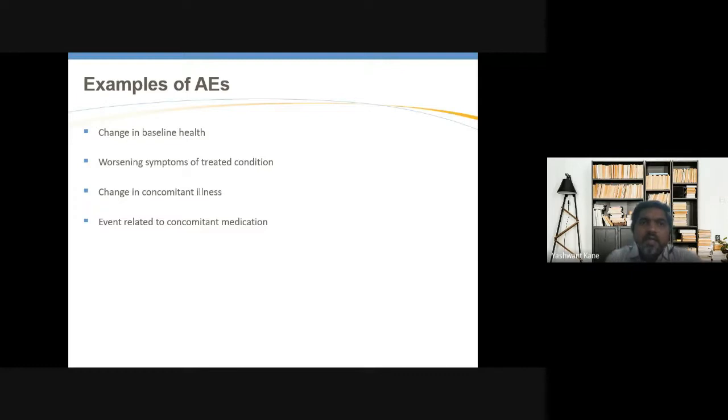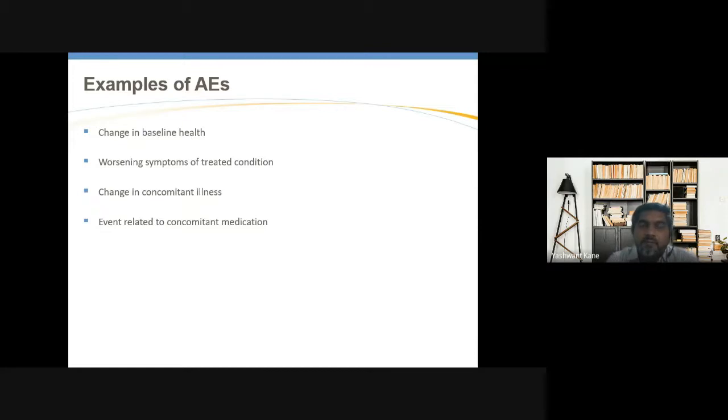Here are some examples of adverse events, or rather the conditions of the adverse events. Change in the baseline health: you take a drug, but you're not feeling the same post taking the drug. Suppose I have taken paracetamol, a common example, for headache, but still my headache is not relieved.